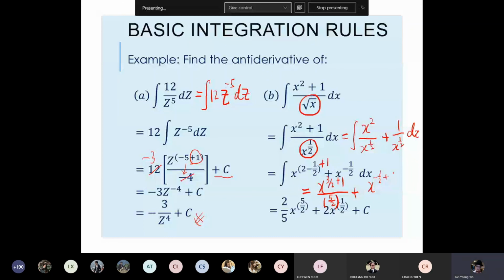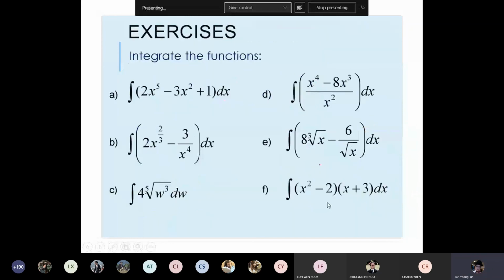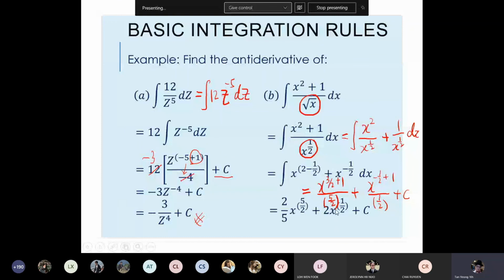Right, 3 over 2 plus 1 and negative 1 over 2 plus 1, and we divide by the new value of the power. Now, divide we can change to multiply, and we flip the fraction.